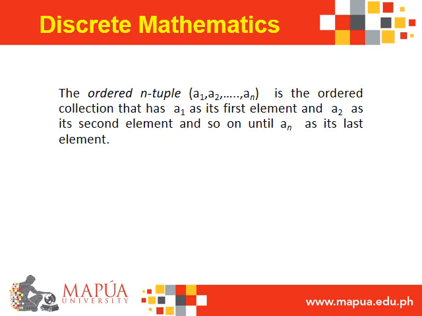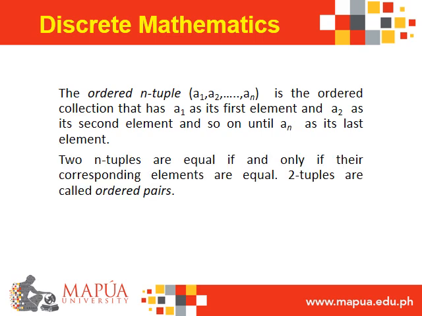Some particular sets contain elements that are grouped together, which are referred to as ordered n-tuples. It's basically an ordered collection that has A1 as its first element, A2 as its second element, and so forth. Two n-tuples are equal if and only if their corresponding elements are equal.